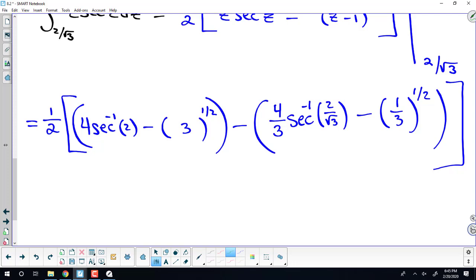Secant is the reciprocal of cosine. Inverse secant, though, isn't the reciprocal of inverse cosine, right? It only works for their arguments, not the whole thing. So the inverse secant of 2 is the same thing as the inverse cosine of 1/2. Inverse secant of 2 over root 3 is the same thing as the inverse cosine of root 3 over 2.